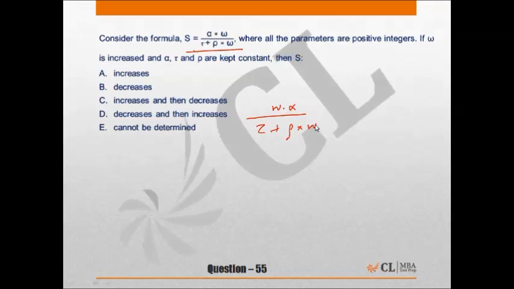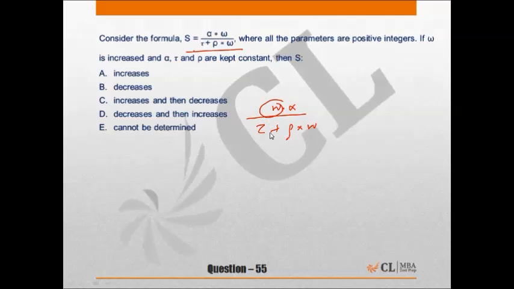In such cases, whenever the value of omega is increased, the value of this expression will increase irrespective of the other things like the value of alpha, tau and eta, given that they are kept constant.